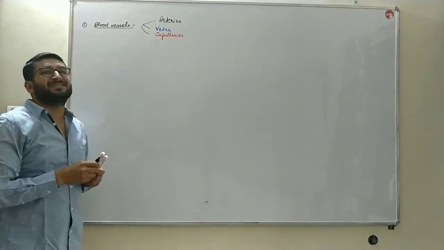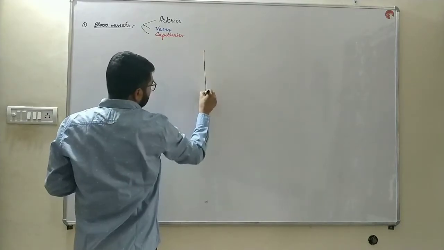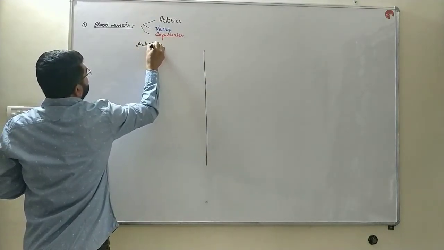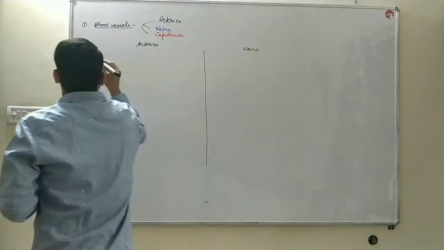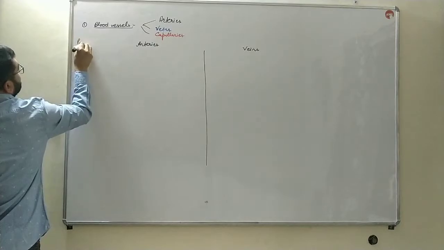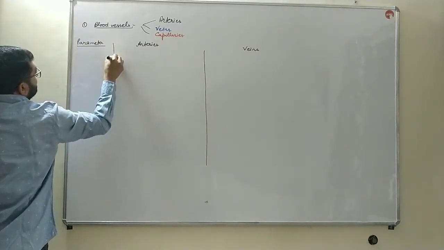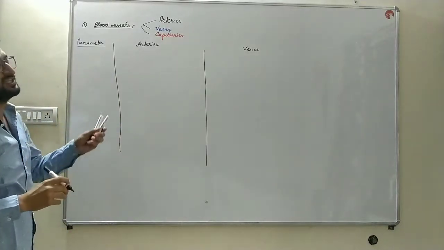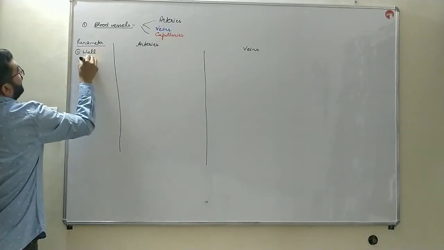We'll discuss the arteries and veins in the form of a difference. The first parameter on which we differentiate the arteries and veins is wall thickening.